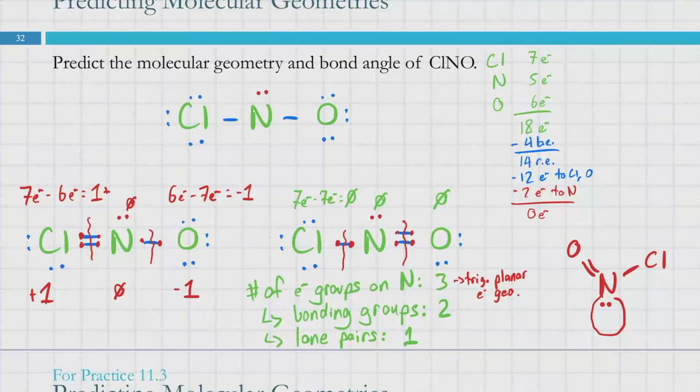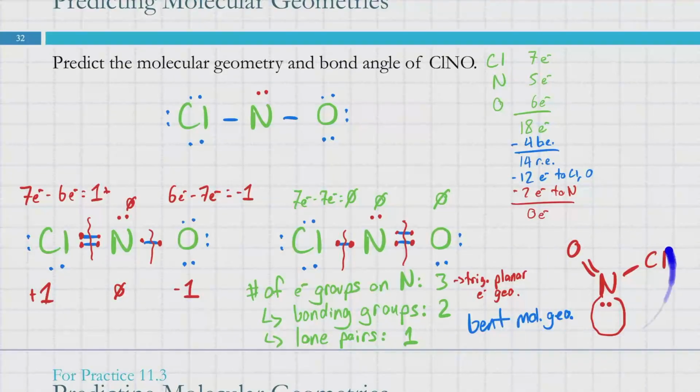The lone pair doesn't take up space. So what's this shape? Bent. So it's bent molecular geometry. We make the shape, then imagine the lone pair disappears, and we get bent molecular geometry.